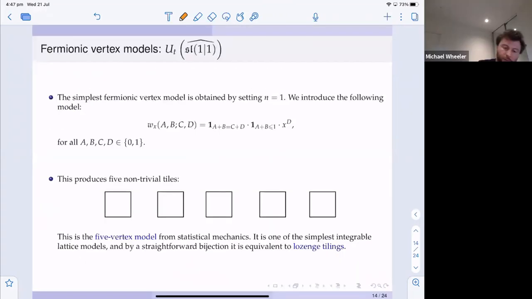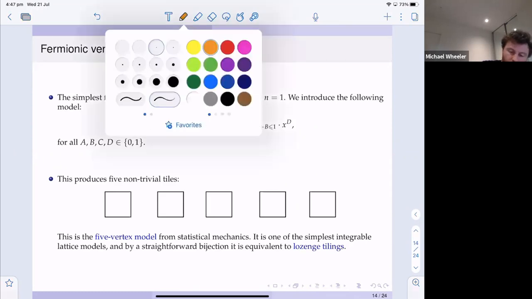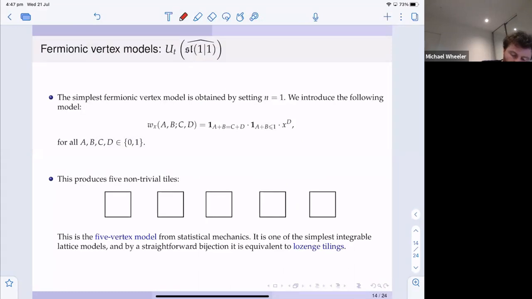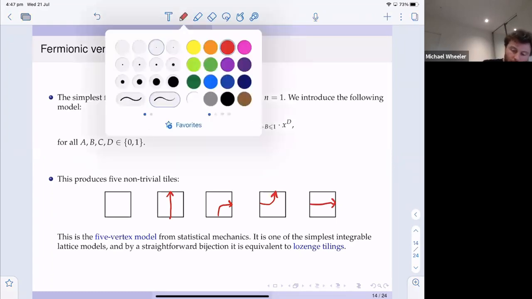All right, so 5-vertex model, we have these weights here. So I won't say too much about the form, but let's just actually draw the pictures. So I get 5 pictures, which look like this. So I'm going to draw my paths like this. And each one of those gets a weight, which in this case is just something very simple.